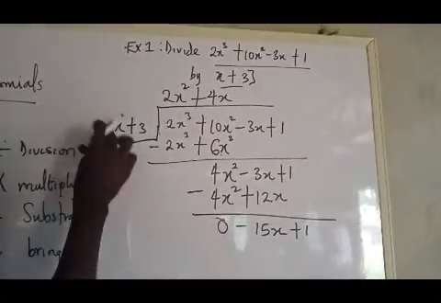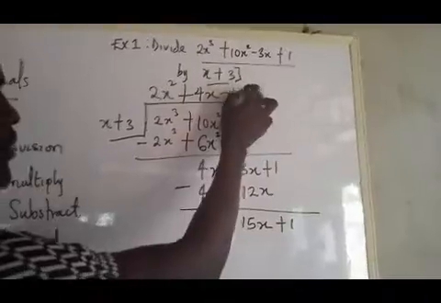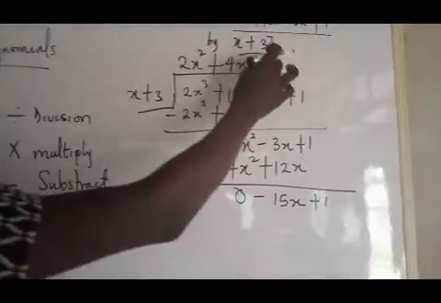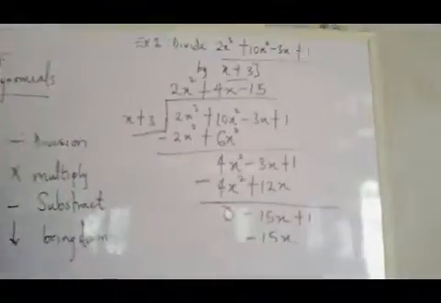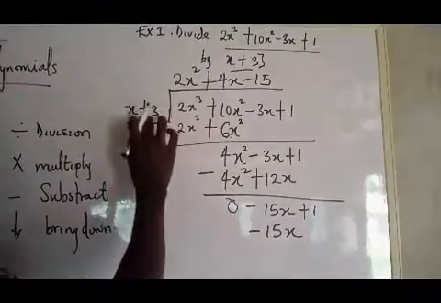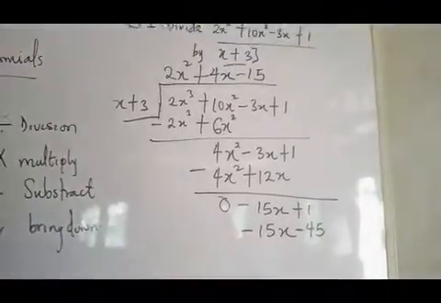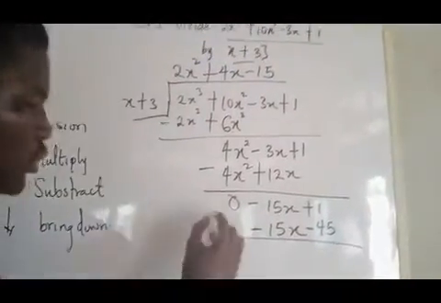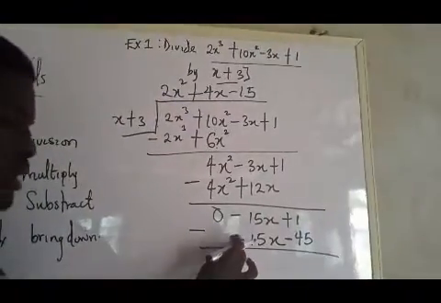So you go again. x in minus 15x will give you minus 15. Minus 15 times x, minus 15x. Minus 15 times 3 will give you minus 45. So you subtract again. Minus 15x minus minus 15x, minus times minus, plus.